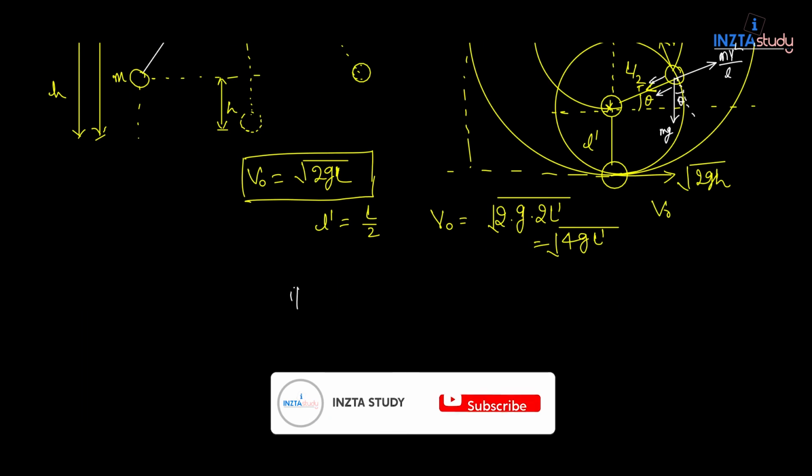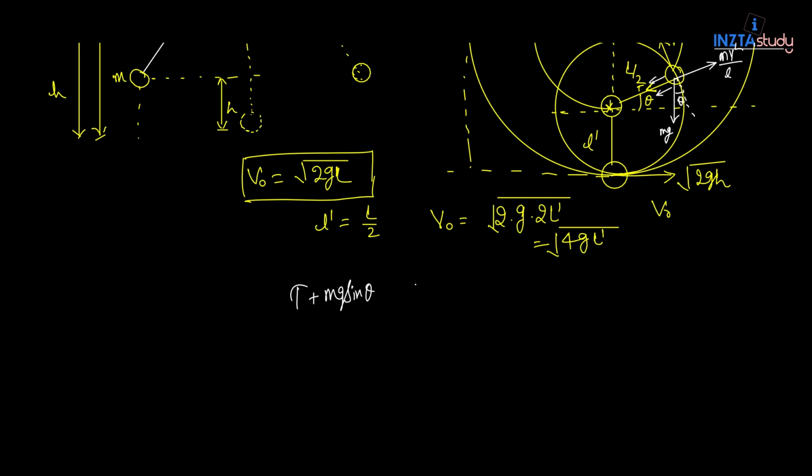So we write tension plus mg sine theta is equal to mv square by L. This will be the equilibrium equation, that at that location the tension is 0 because the string is slackened. So the speed which it will have is root of gL sine theta.